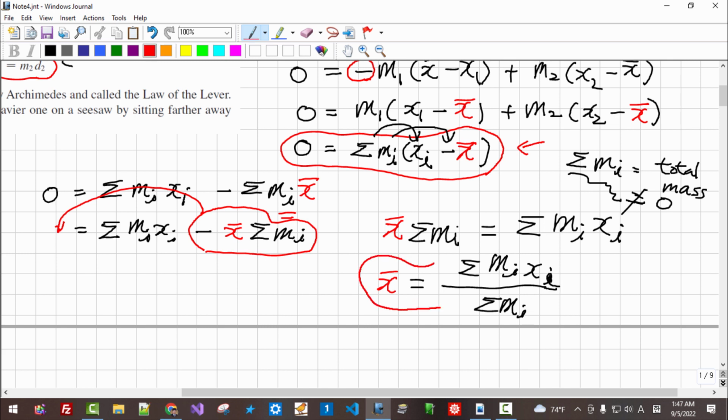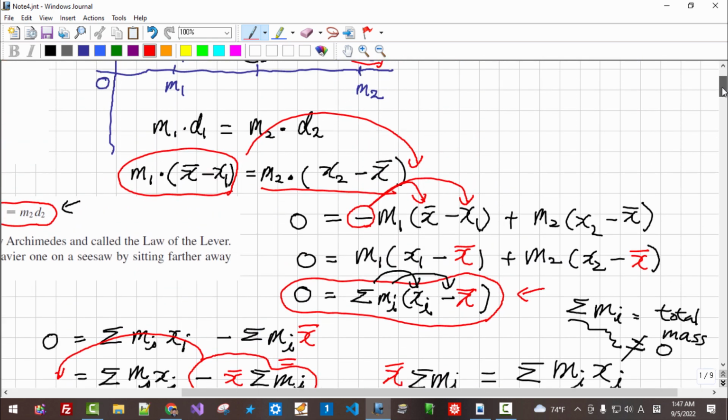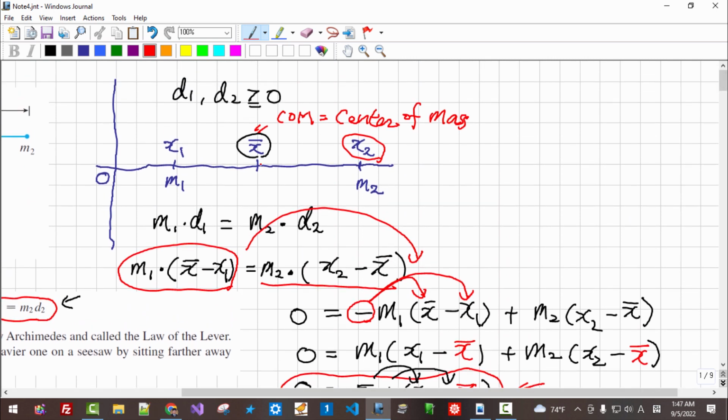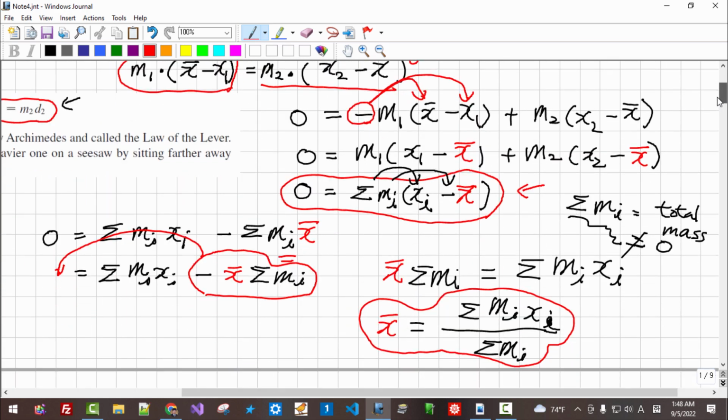We have this result. Now, in this system, what if we place the center of mass at the origin? What if we move the center of mass to the origin? That is, x bar, the center of mass, is 0. What will happen? Now scroll down.